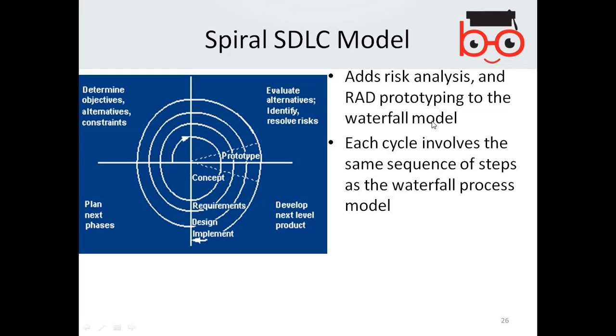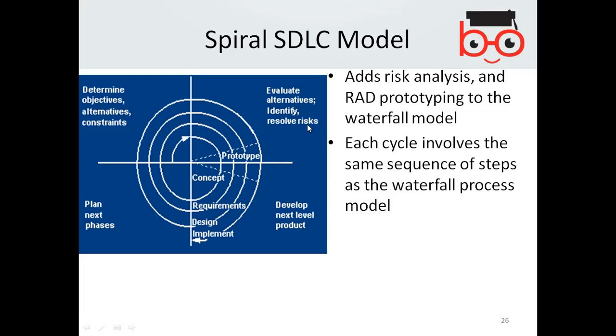The spiral model. Spiral is basically a model where you do a kind of rapid application development, like a prototype, but you add a risk analysis into every phase. What do you do? You identify the risk. For example, you took an objective and the constraints and the requirements, then you evaluate whether the requirements are fine.